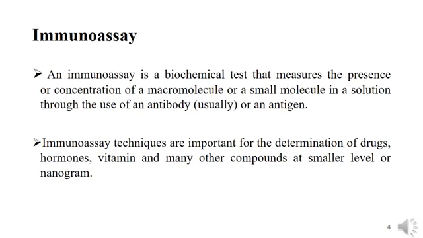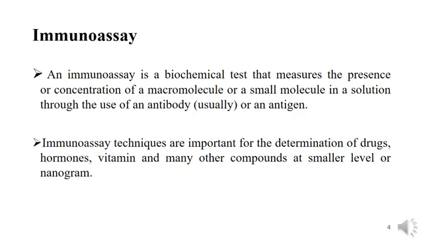In some cases, an immunoassay may use an antigen to detect for the presence of antibodies, which recognize that antigen in a solution. In other words, in some immunoassays, the analyte may be an antibody rather than an antigen.